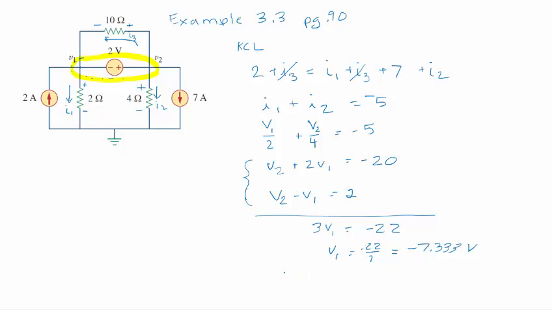So V2 minus V1 must equal 2, therefore V2 equals minus 5.333 volts. So what does that really mean when I say minus? That means that this is a zero reference point where my ground is, and that this voltage here is lower in potential than my zero reference point is.